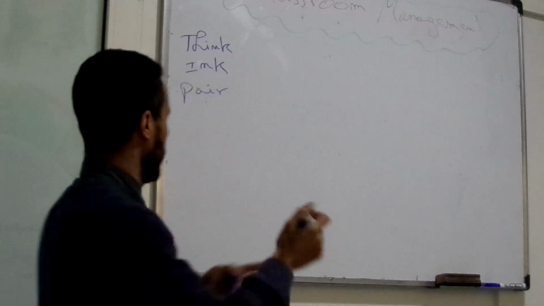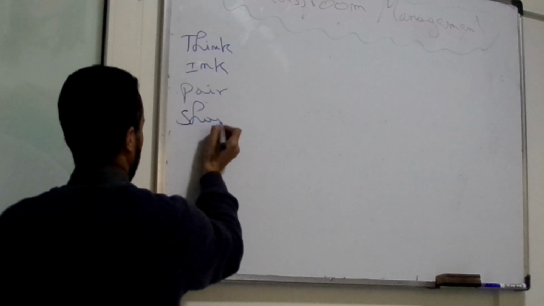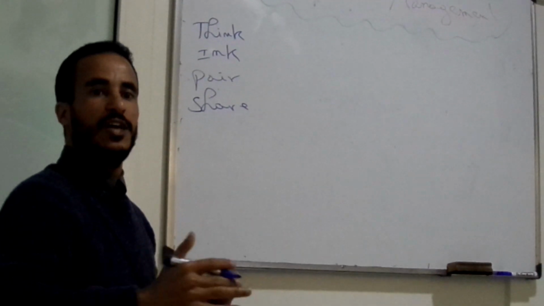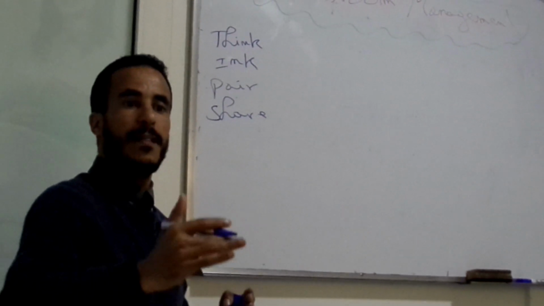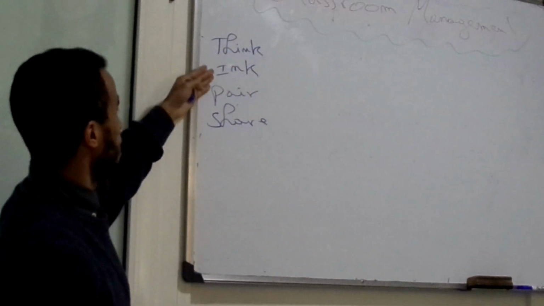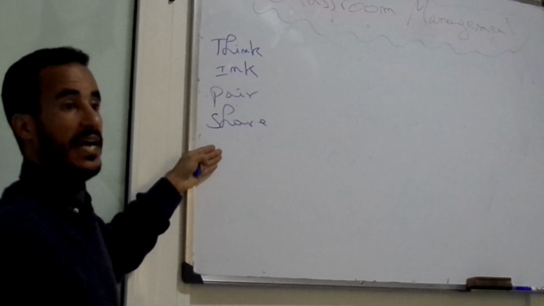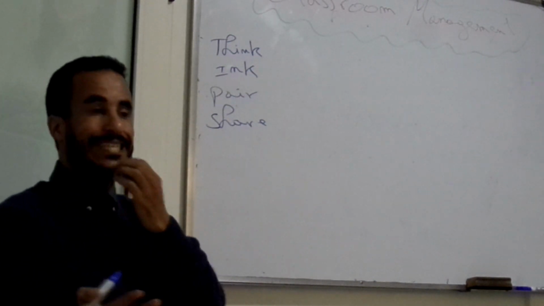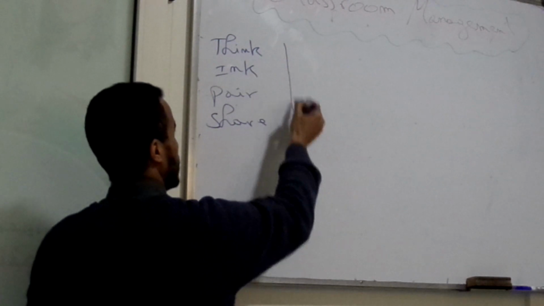At the end, I said someone will discuss and share. That's why we say learning is a process. You go step by step. Think. So you think, you ink, you pair, and then you share. Share is when one of you talks about what you have discussed, okay? So it goes smoothly, like this.